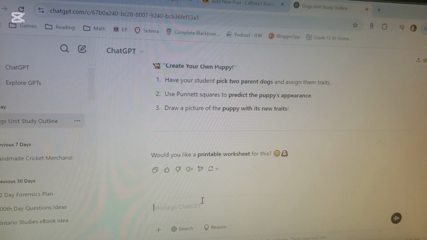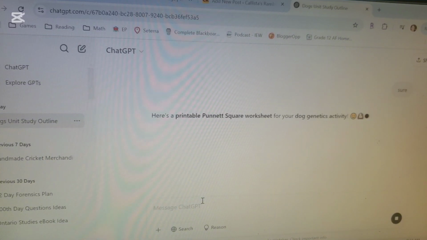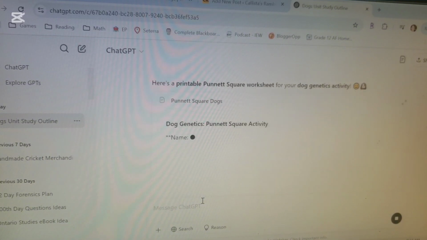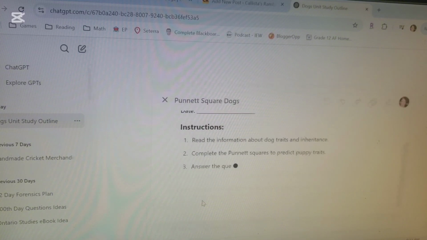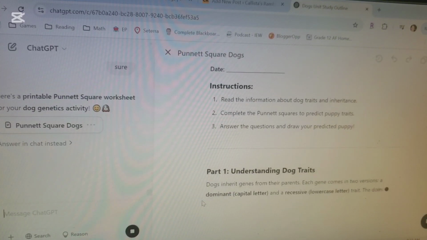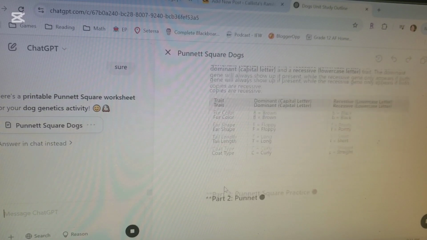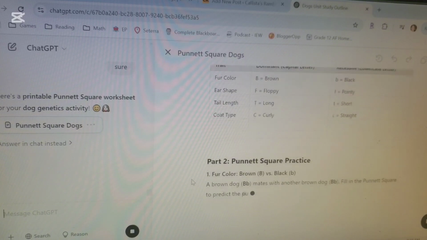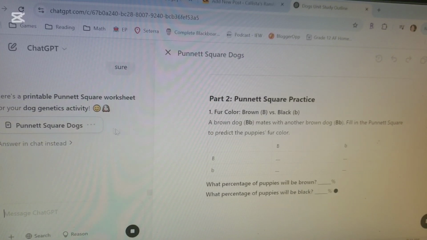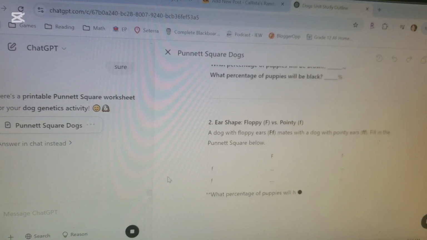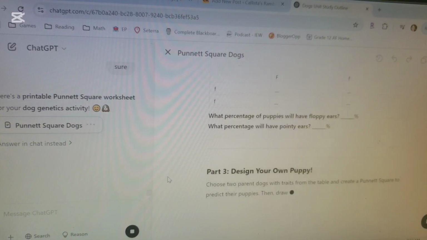Would you like a printable worksheet for this? Sure. On the side here it says, here's my worksheet. And I can download it once it's finished. So that's cool.